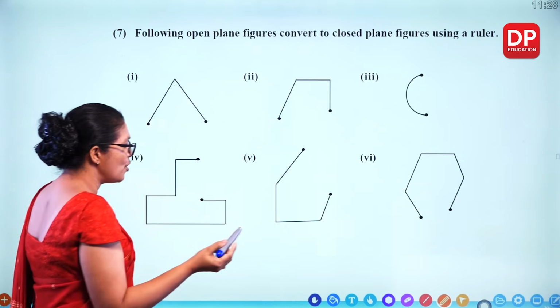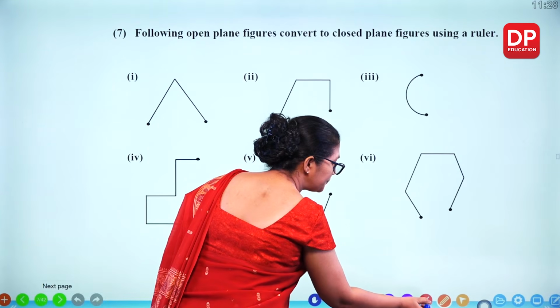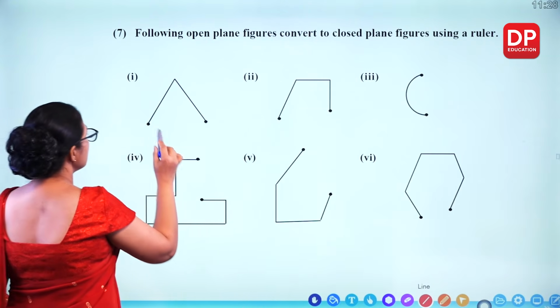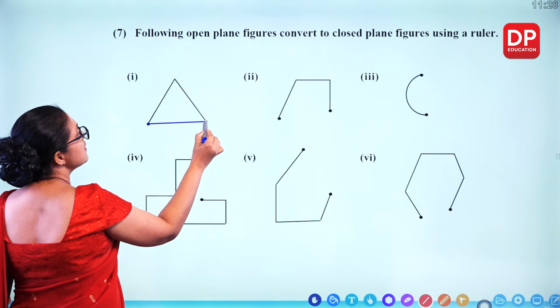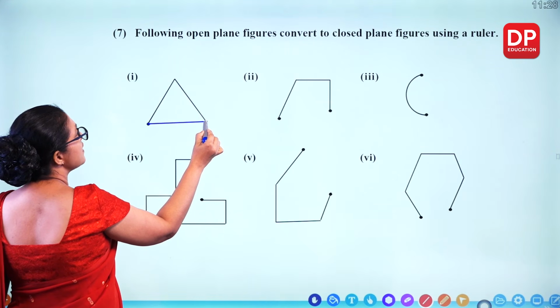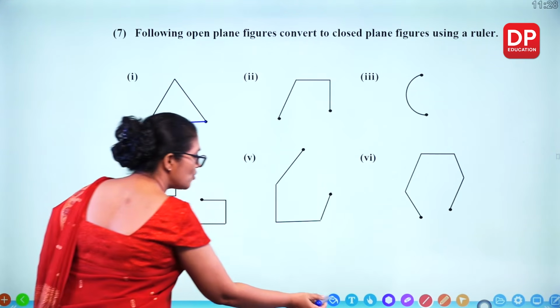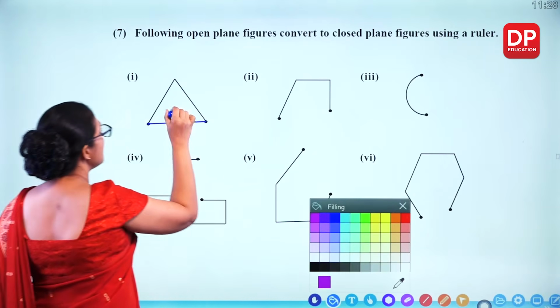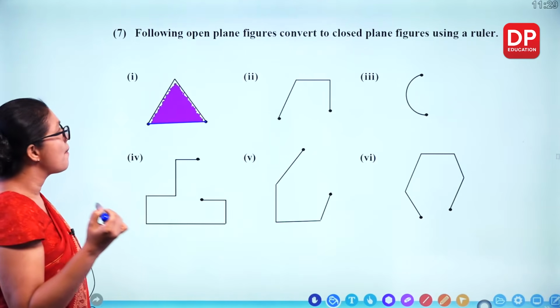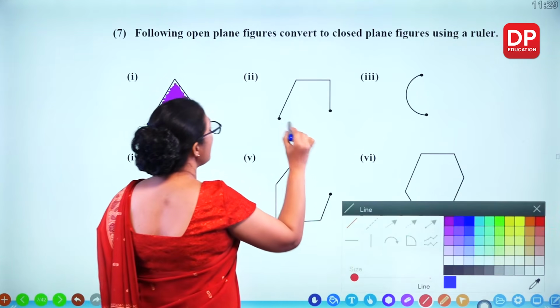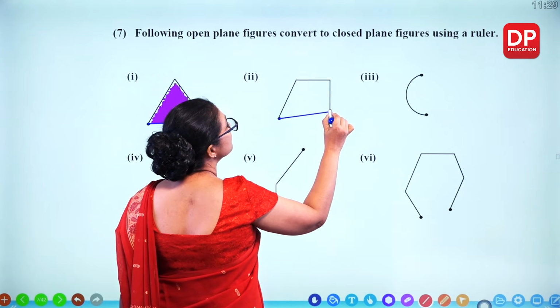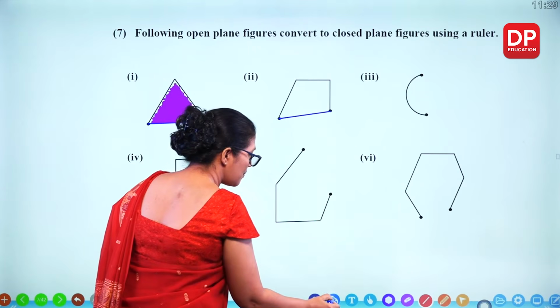Following open plane figures convert to closed plane figures using a ruler. So what you do? You take your ruler and draw a line connecting these 2 points, starting point and the end point. And you see this is a closed plane figure. So we can draw a line and put a color there.